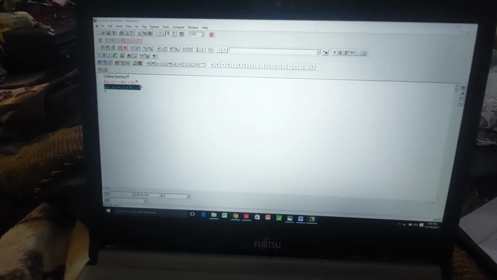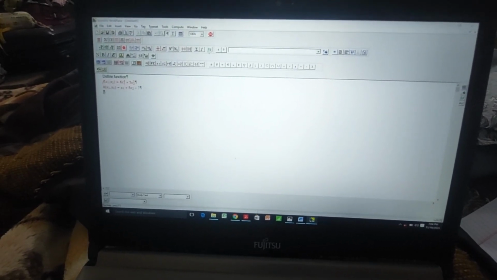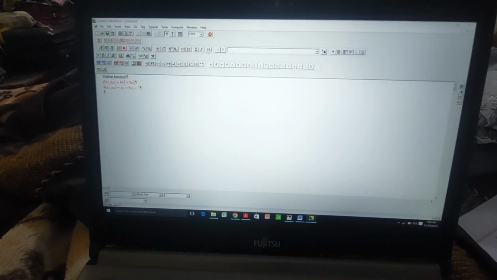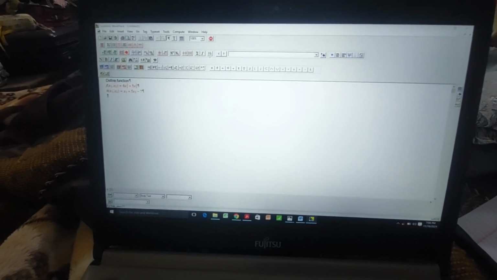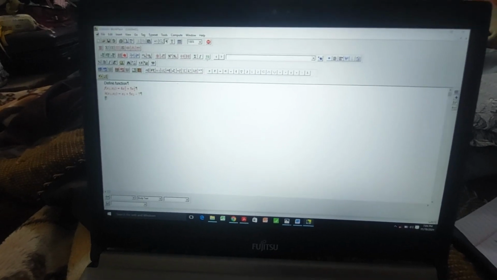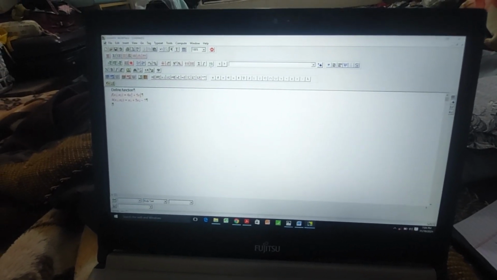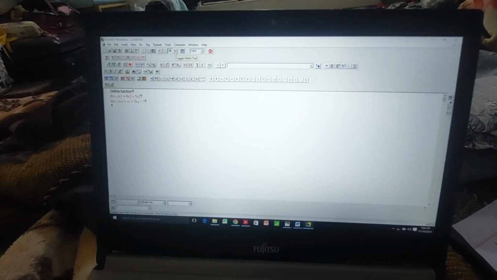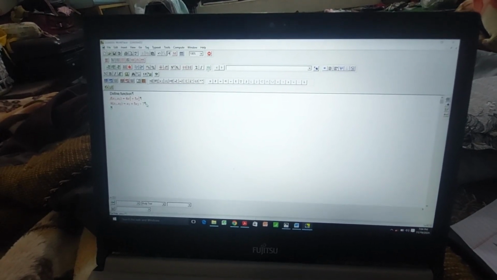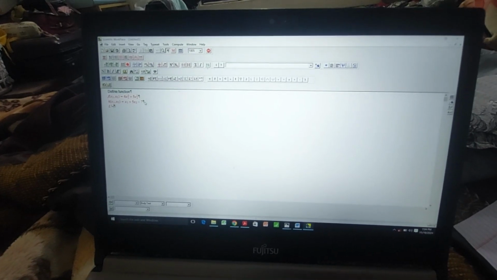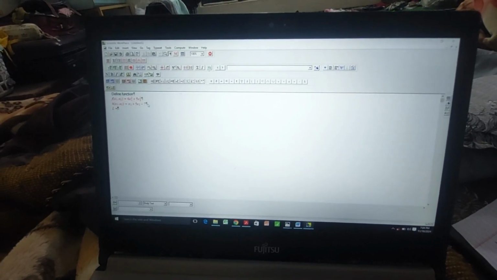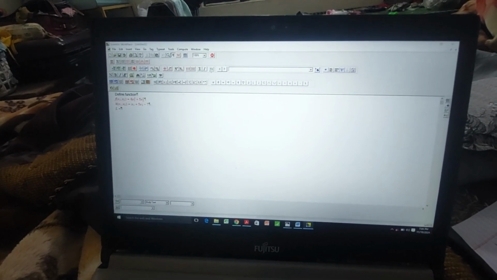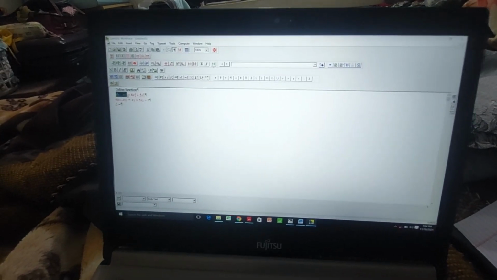Now I need to focus on my third line. The third line will be to introduce the Lagrangian function and lambda. So I would say capital L. Let's write it in mathematics, so I press this T button, and it comes out in mathematical form. So L, capital L, is equal to f of x1 x2.